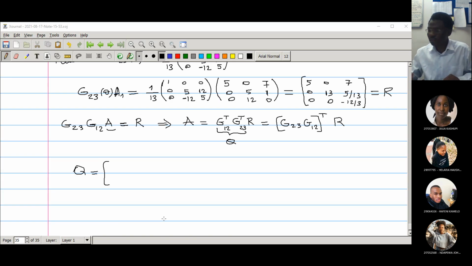So let me quickly write those values for you according to the slide. You can check those values for yourself. So the values are as follows.